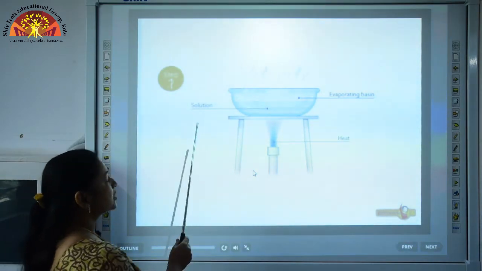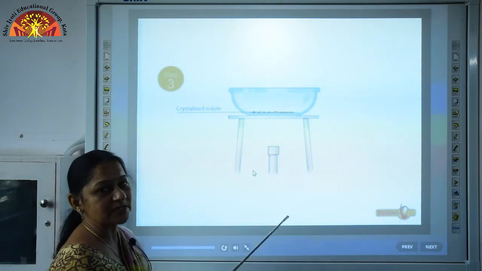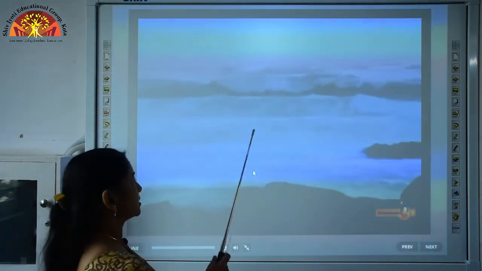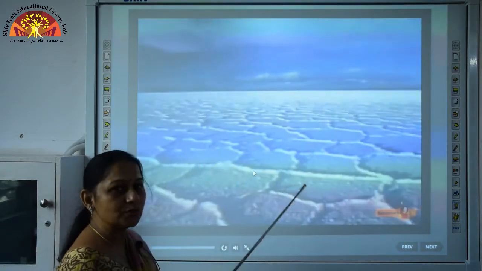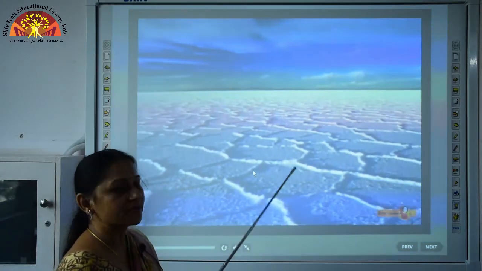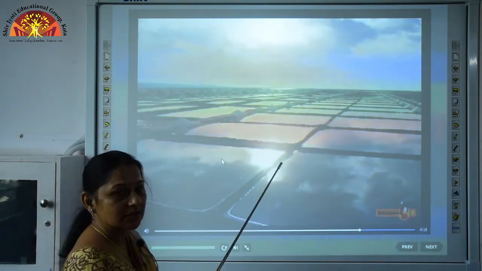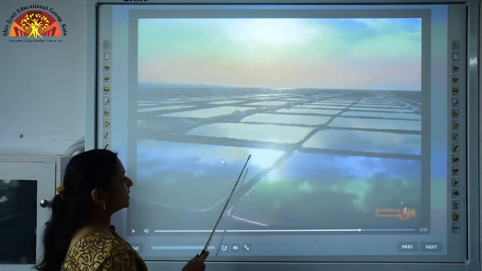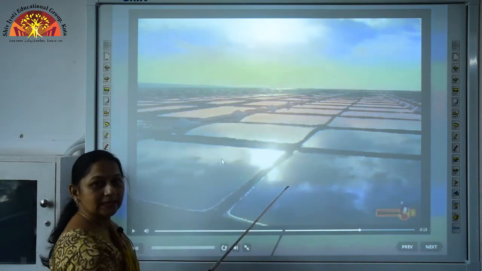Okay? So, this process is basically used for separating the substances which are soluble in water, and evaporation is also used to separate salt from seawater. As you can see, the seawater is allowed to stand in shallow pits. Here you can see the shallow pits.